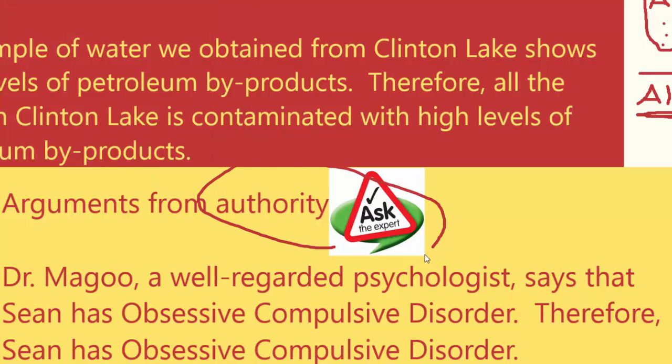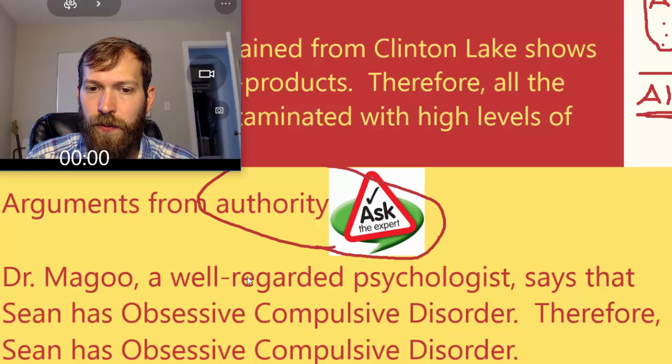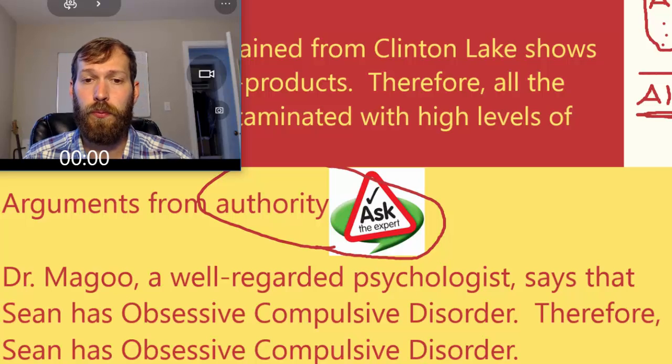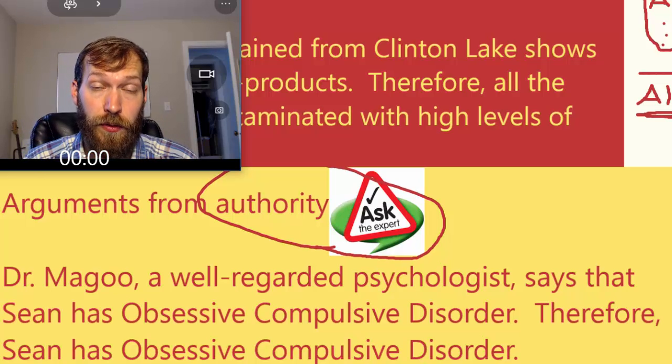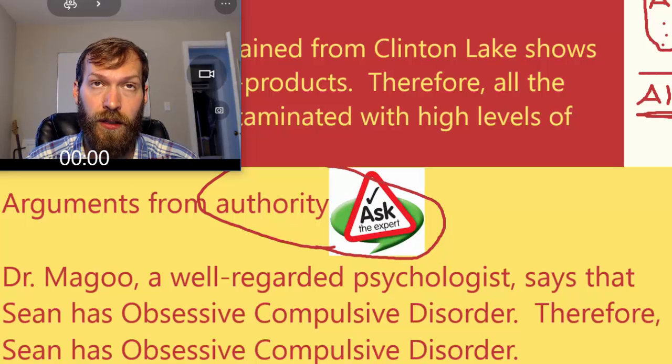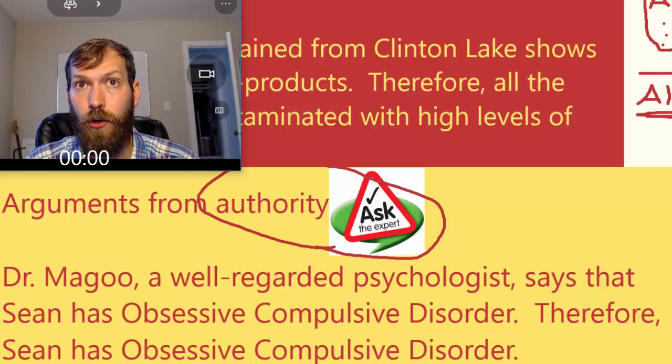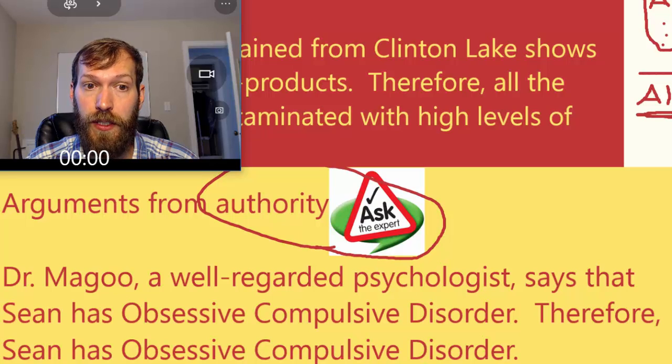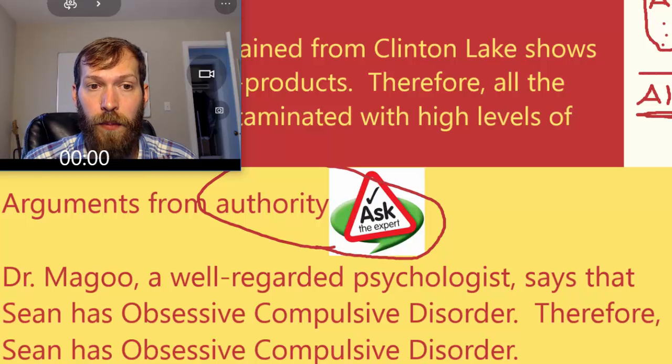So authority, we're talking about expert, and it's going to be a strong argument insofar as your person who's an authority is in fact an expert on the thing in question, whereas it goes awry, or it goes wrong, when we treat somebody as an authority on a topic when they're not in fact an expert on that topic.